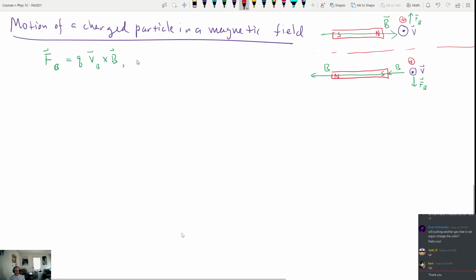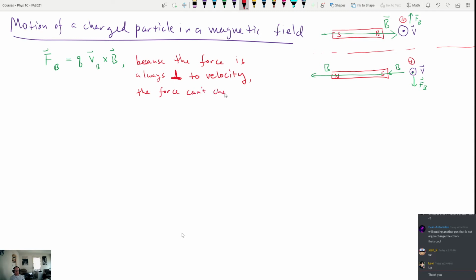One thing I'm going to say is that because the force is always perpendicular to the velocity, I'm just writing this symbol right here, which means perpendicular, the force can't change the speed. It can only change the direction of the particle.